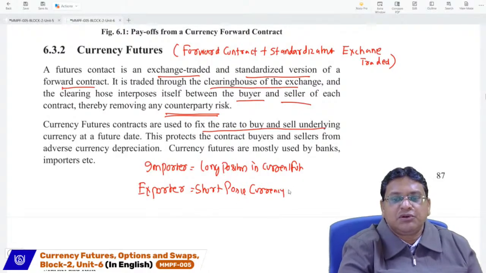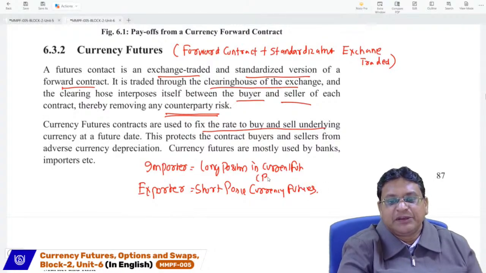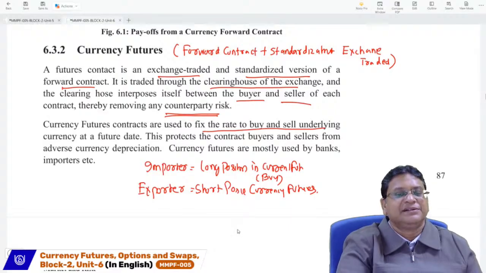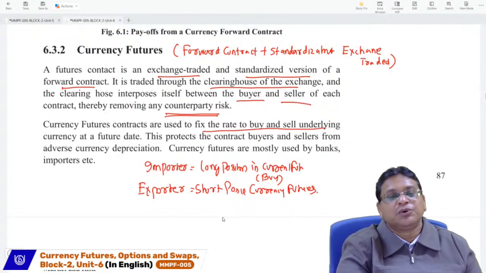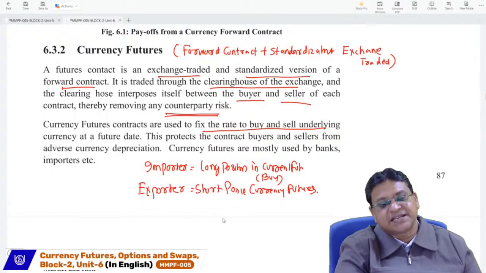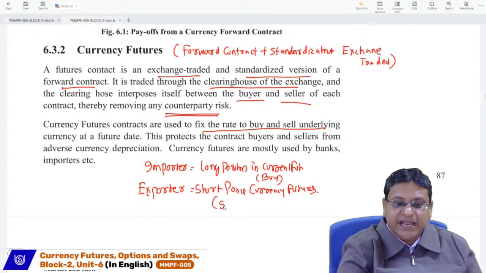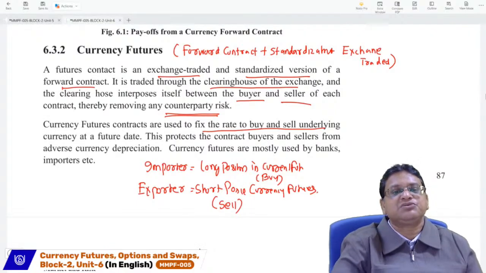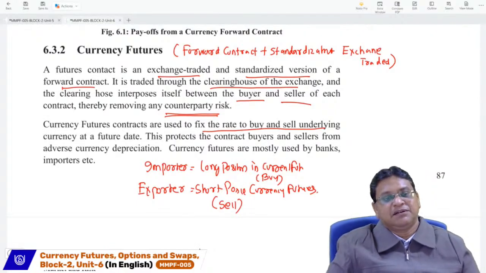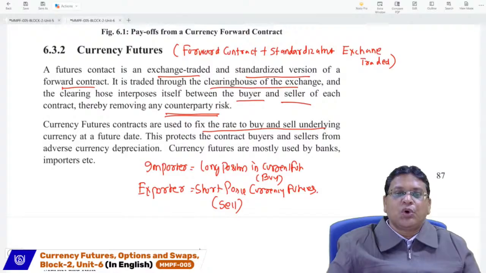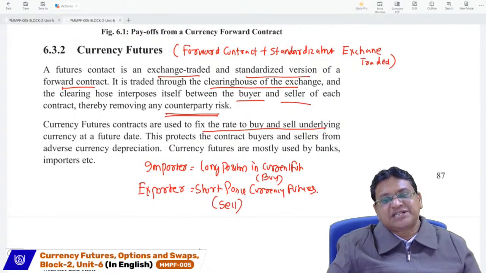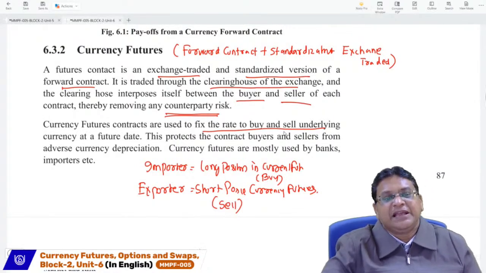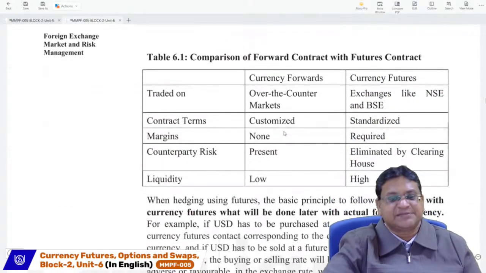What is a long position? What is a short position? We have already discussed. Long position means he will buy currency futures. An importer will buy currency futures to reduce his exchange rate risk, and an exporter will sell currency futures to reduce his exchange rate risk. So currency futures are purchased and sold in a recognized exchange.